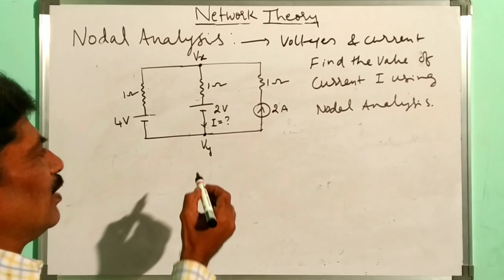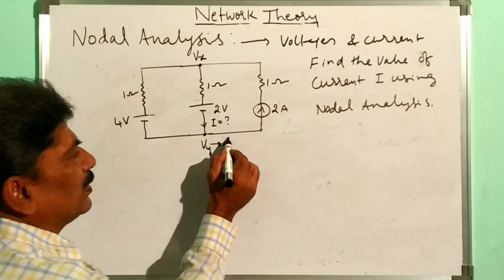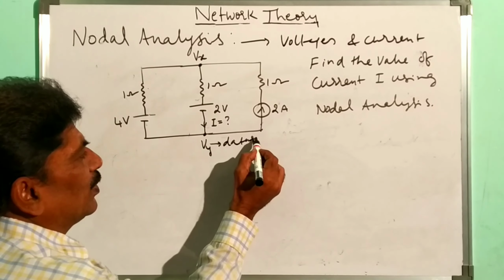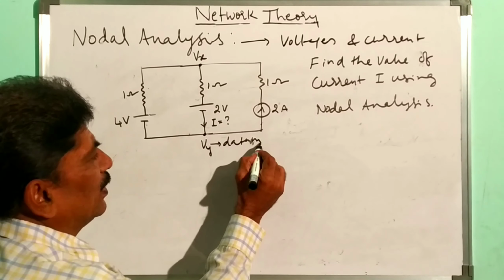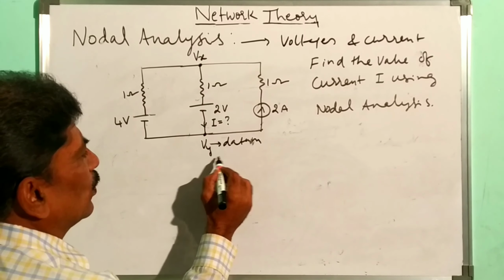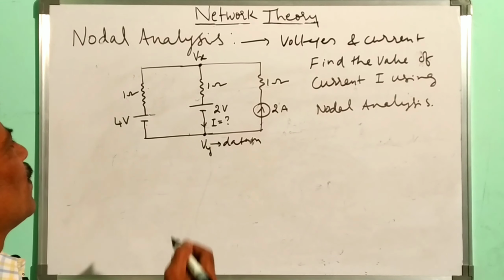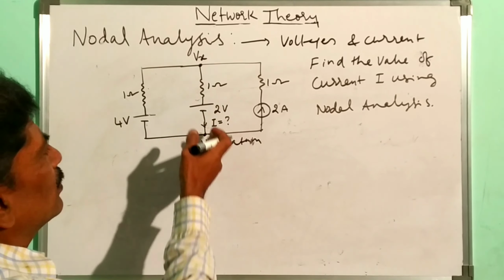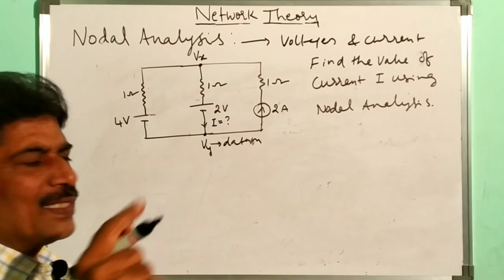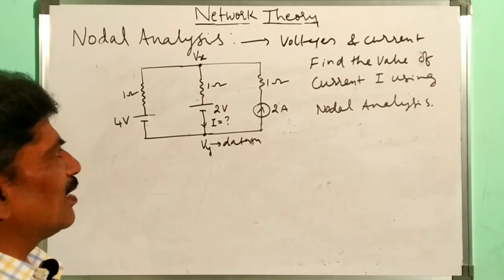Now considering the bottom node as a datum node, the potential of this is 0. For a datum node, the potential is 0. Only 2 nodes are there, so out of these 2 nodes, one is treated as a reference node, and the other we call the non-reference node.